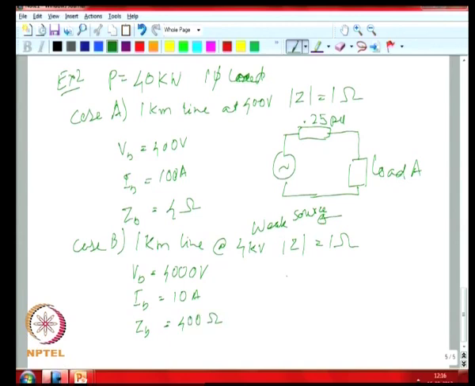So, if you look at the model of the system in this particular case, for load B, this physical line is now showing a source impedance of 0.0025, which means that from the load perspective, this is now a stiff source. Okay.